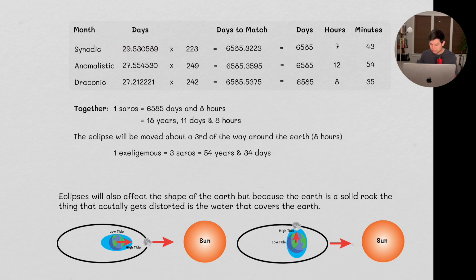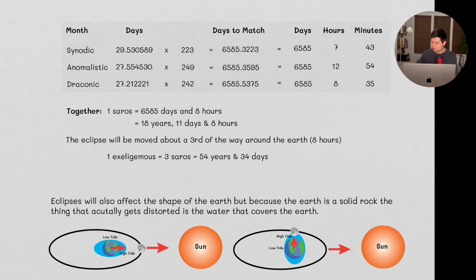So if we multiply these numbers all by these factors, we get roughly the same number, which is around 6,585 days, with some decimal points to the end.